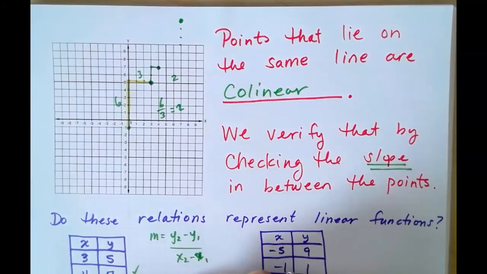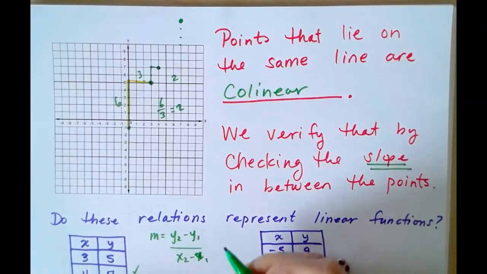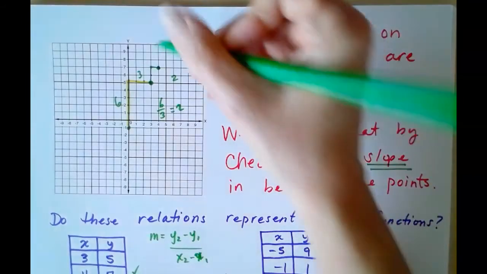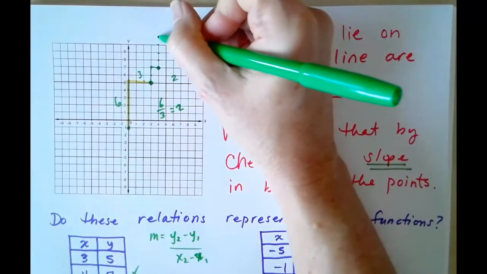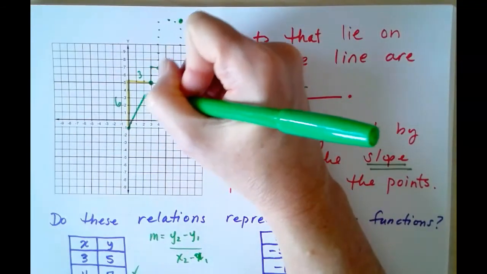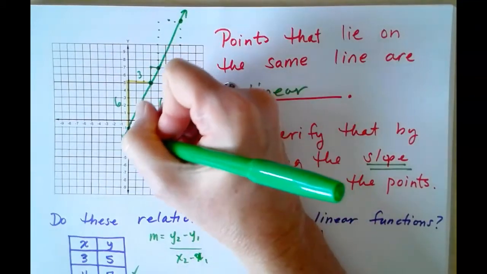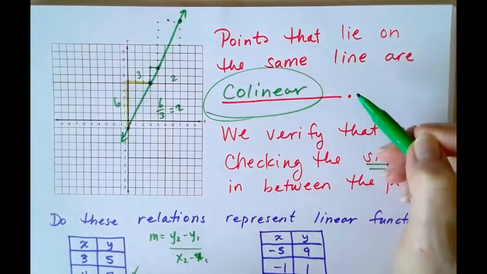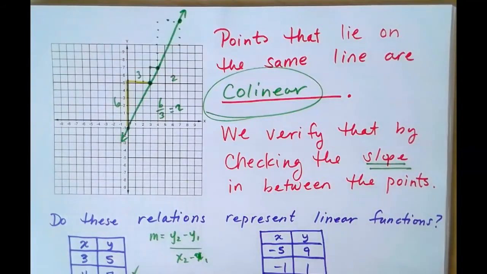So this ends up with 13 minus 7 is 6, and 7 minus 4 is 3, and 6 over 3 is 2. So yes, 1, 2, 3, 4, 5, 6, 1, 2, 3. There we go. So yes, all of these points are indeed collinear, together on the same line.